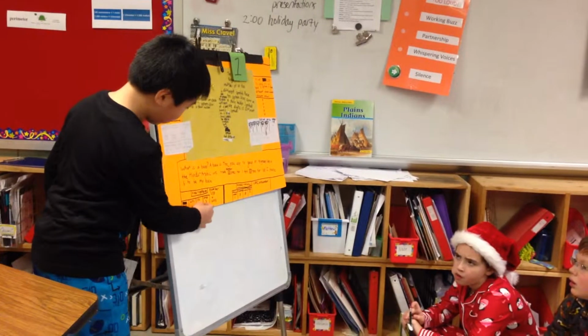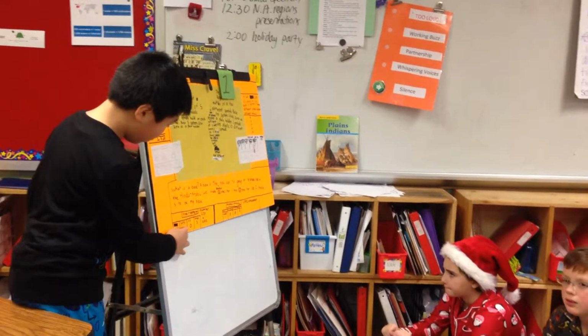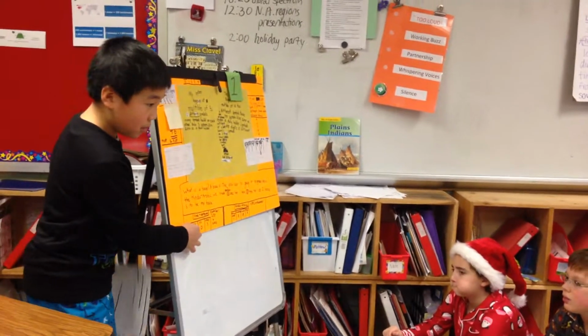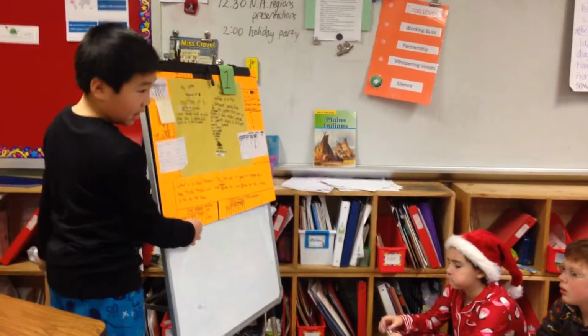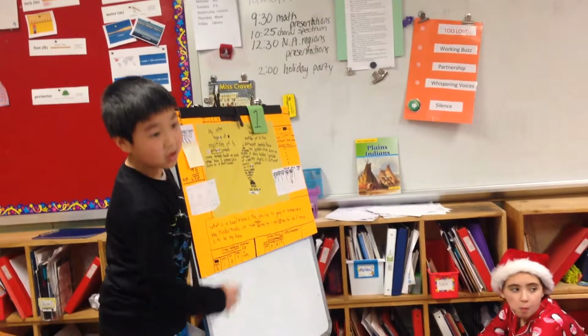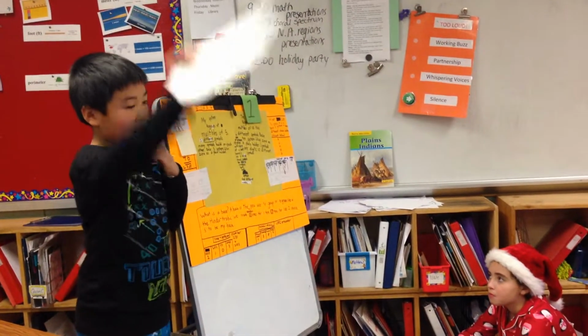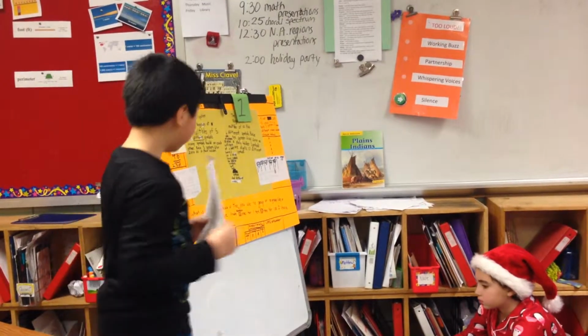There's 1 times 5, so this will be place value 5s, and this will be 25s, because 5 times 5 is 25. Then 125, because this is 5 times greater than 25.